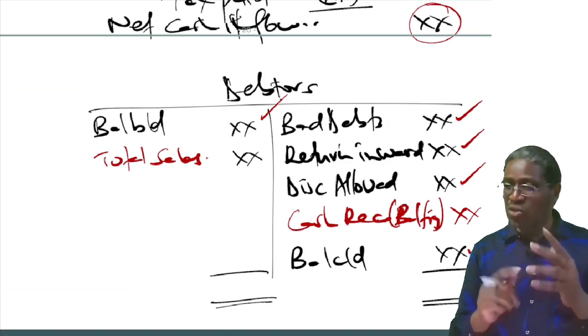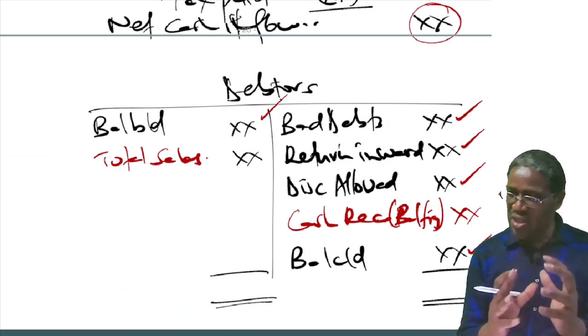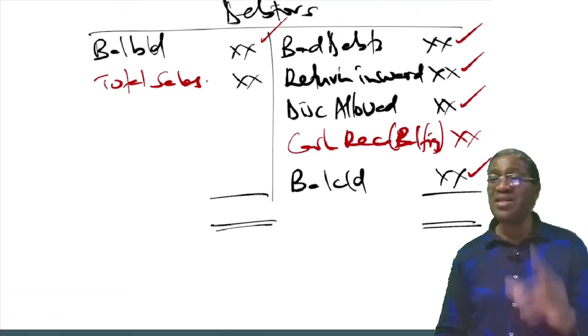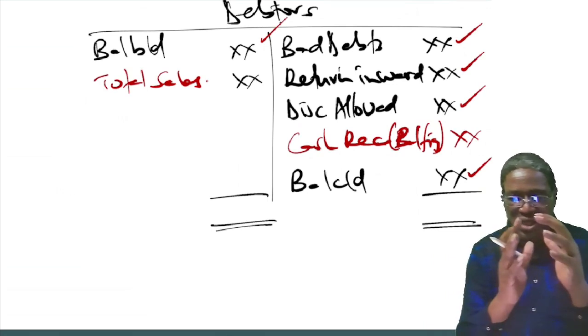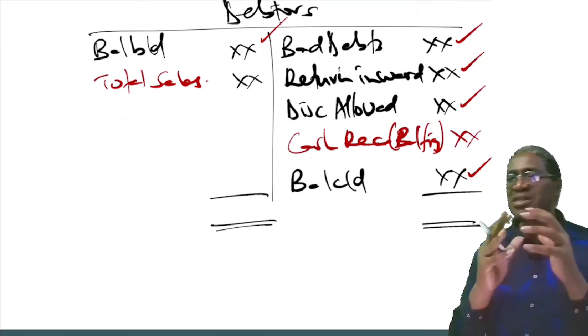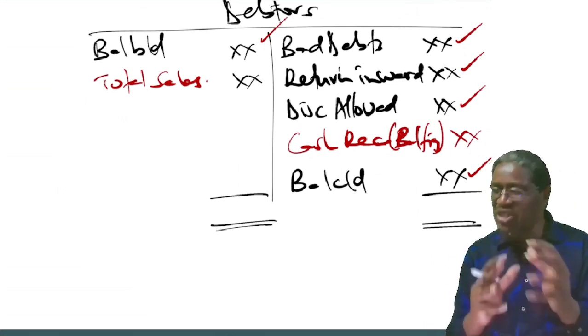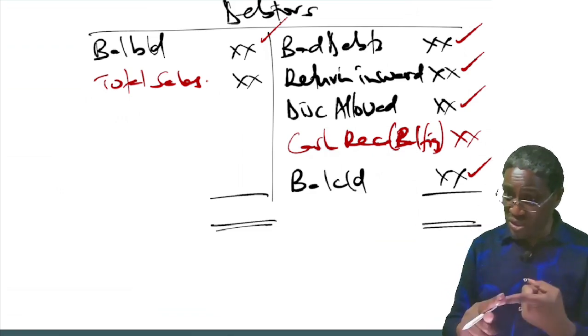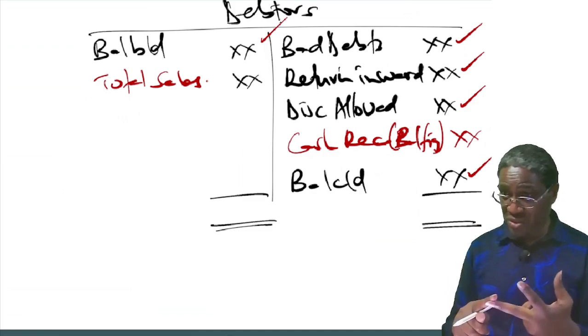So the balancing figure will represent the cash that was received from both the credit customers and the cash customers.